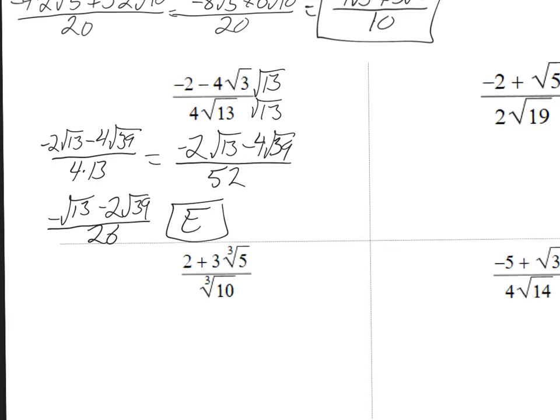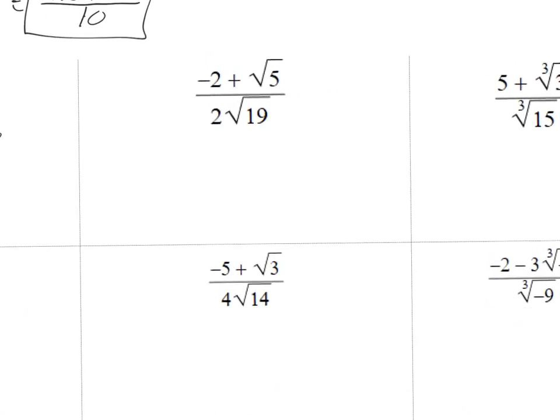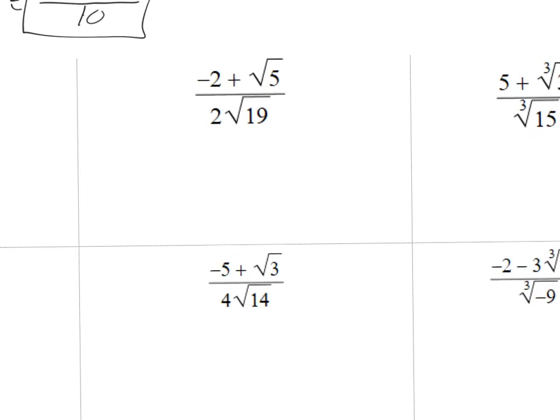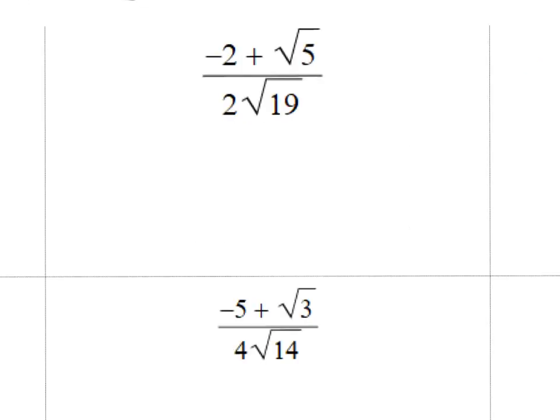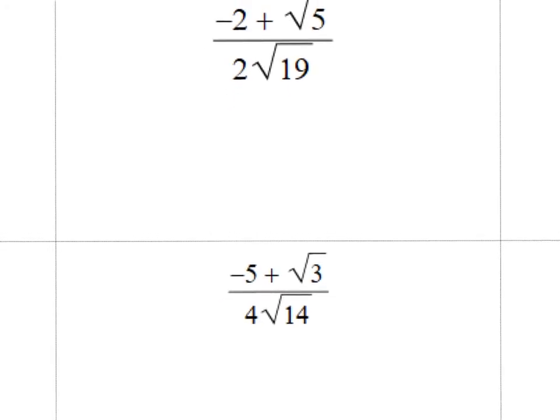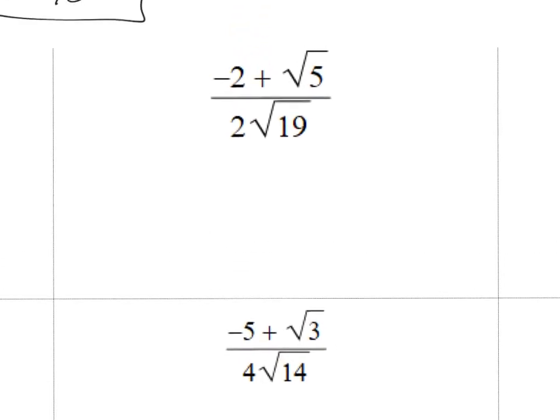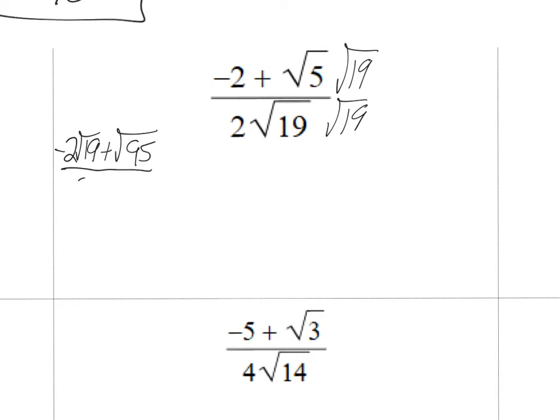Cool, good. Okay, so go ahead and try the second one and tell me what you get. Okay, so we're going to multiply the top and the bottom by radical 19. So radical 19, radical 19. So that means I am going to have, I'll just write it over here, negative 2 radical 19 plus radical 5 times 19 is 95 over 2 times 19.